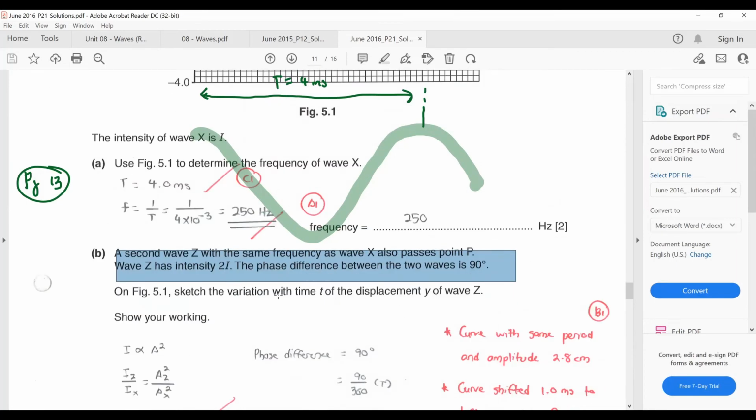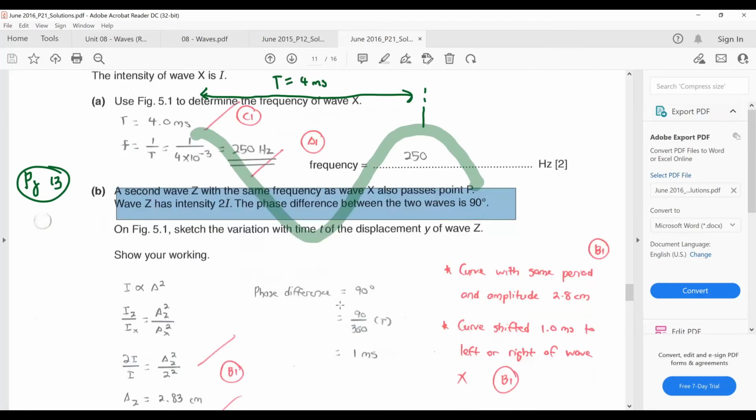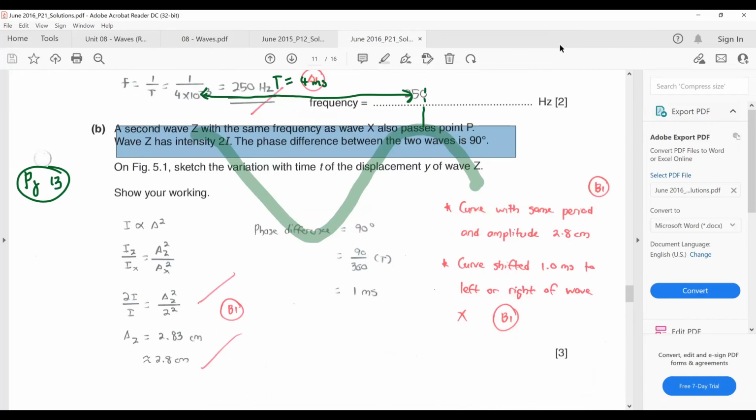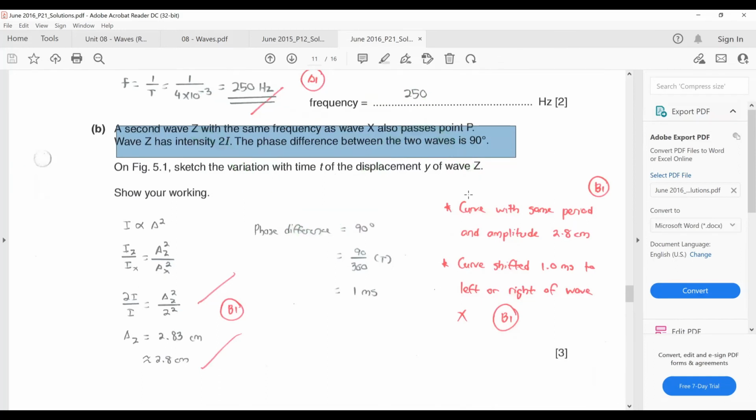On figure 9.1, sketch the variation with time t of the displacement y of wave Z. So right now, you have another wave Z. It also passes through point P, but it has an intensity of 2I. The phase difference between the two waves is 90 degrees.